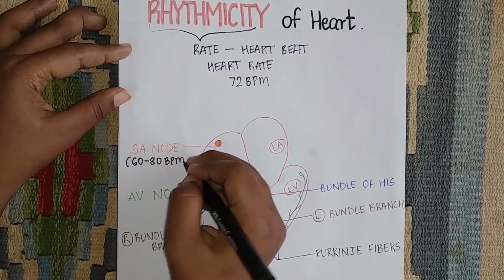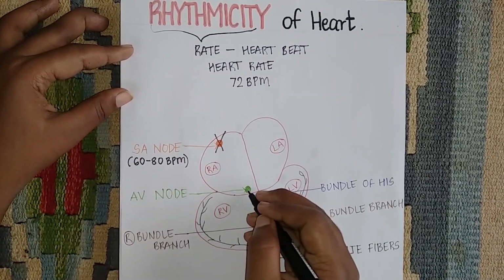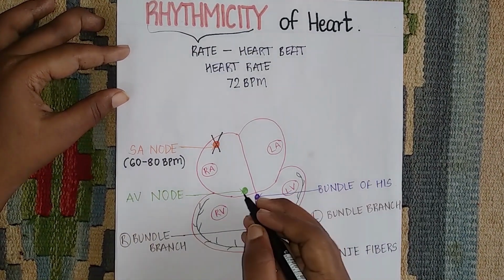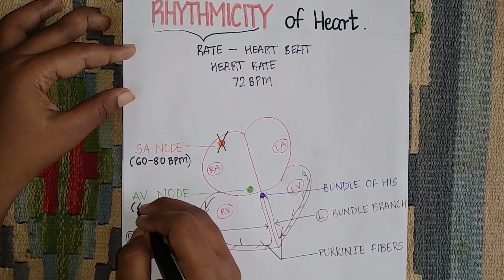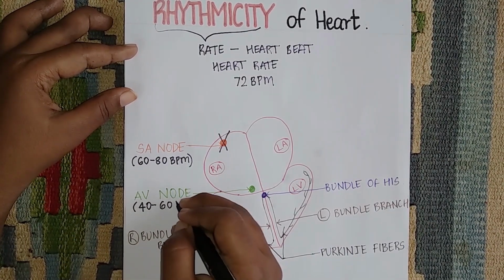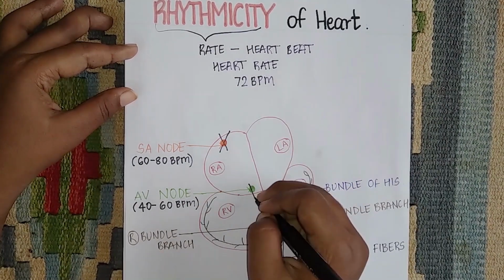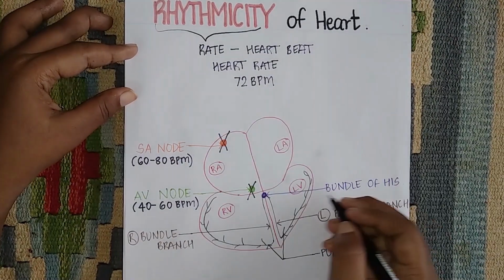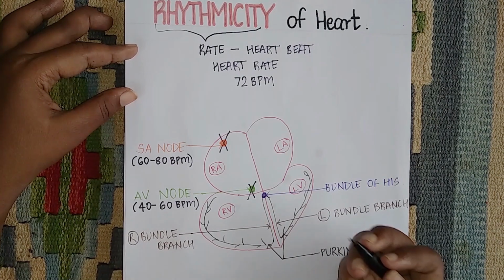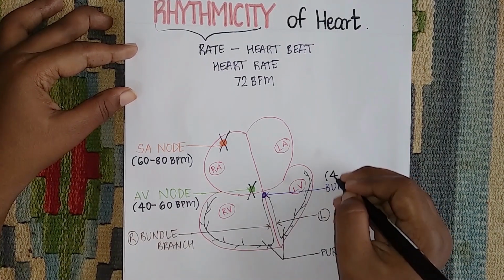If in case the SA node is not able to generate impulse, the AV node takes up the task and generates impulse at the rate of 40 to 60 beats per minute. Even in case the AV node is not able to generate the impulse, then the bundle of His generates impulse similar to that of the AV node, that is 40 to 60 beats per minute.